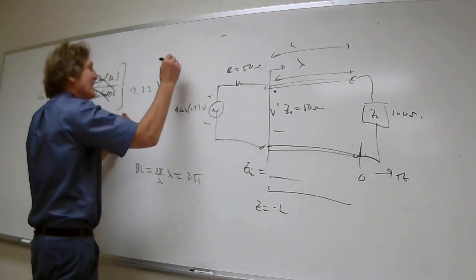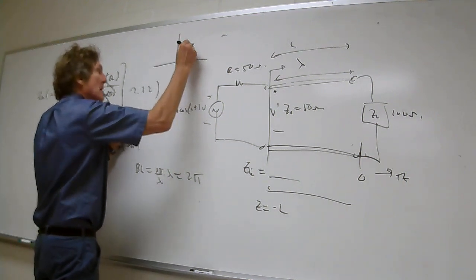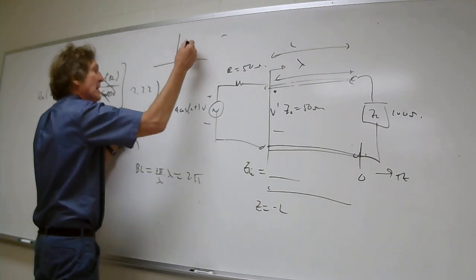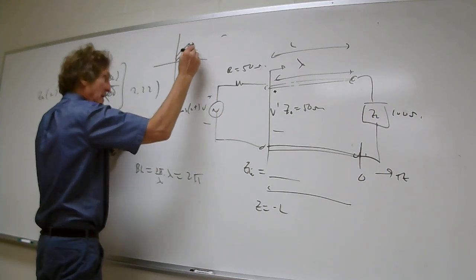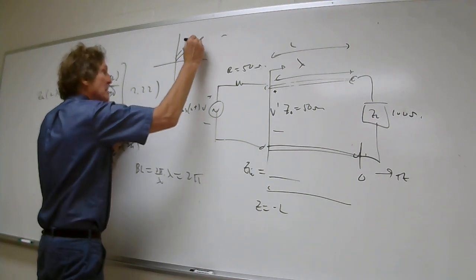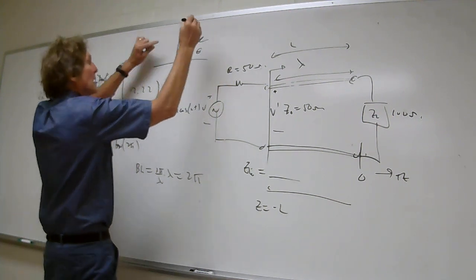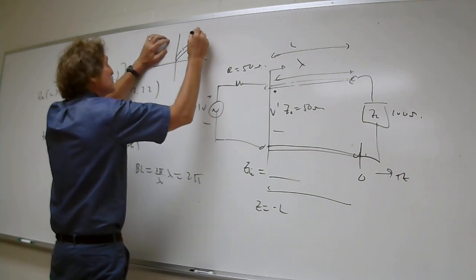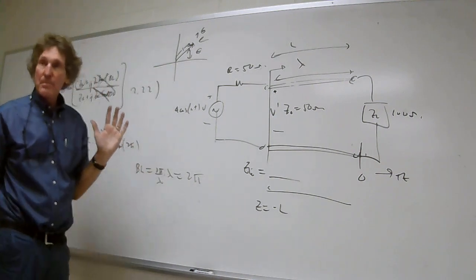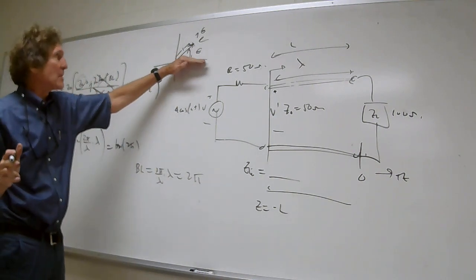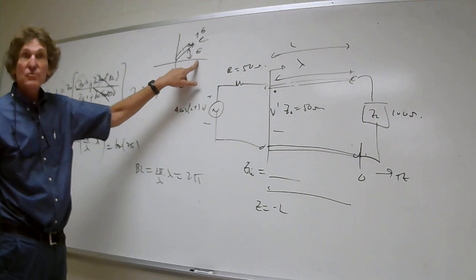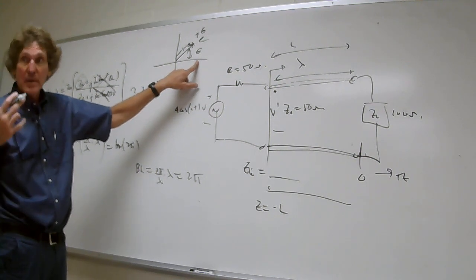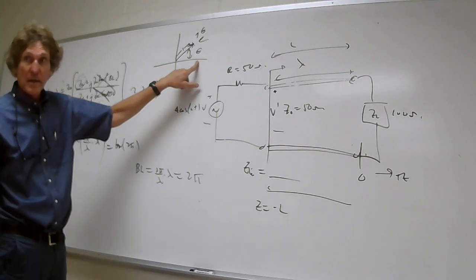When you talk about e to the j theta, if you have a unit vector of length 1, and this angle right here is theta, then this would be e to the j theta. Now, if it's 2 pi, what is it? It's just 1. If it's e to the minus 2 pi, it's 1 as well. Can everybody see that?